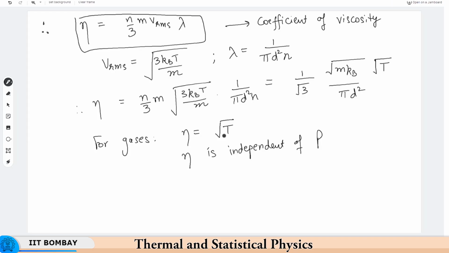Of course, these are actually found to be true within a reasonable range of parameters. There will be a breakdown if the pressure of the gas is very high, in which case the intermolecular distance can be very small, and intermolecular interactions can start playing a role. But at reasonably low density and reasonable pressure values, your viscosity indeed scales with T raised to the power 1 by 2.